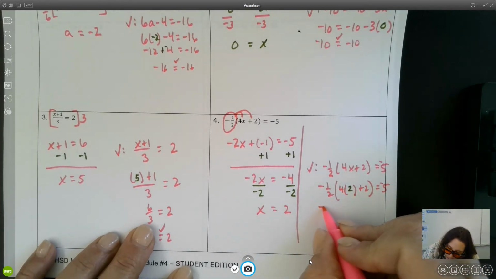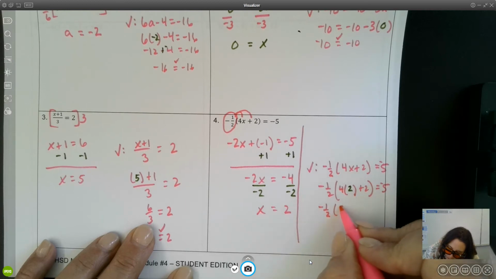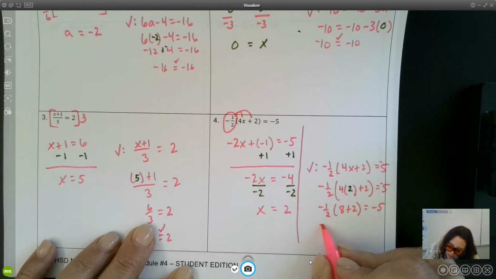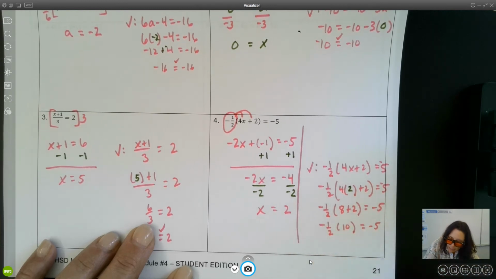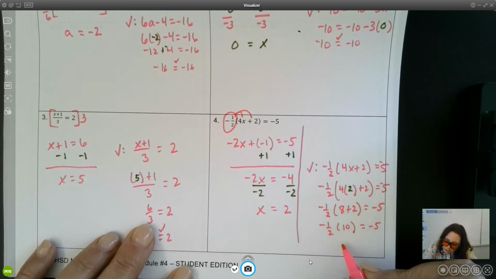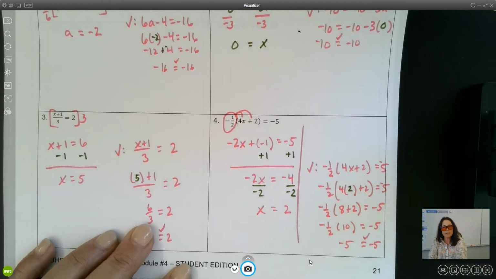So I've got negative 1/2 times 8 plus 2 equals negative 5. Negative 1/2 times 10 equals negative 5. Half of 10 is 5 with a negative. Negative 5 does equal negative 5. It checks out.